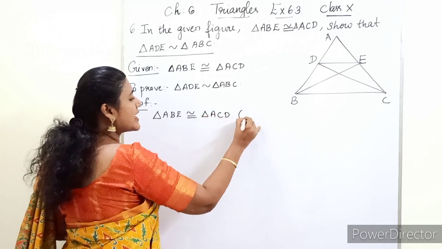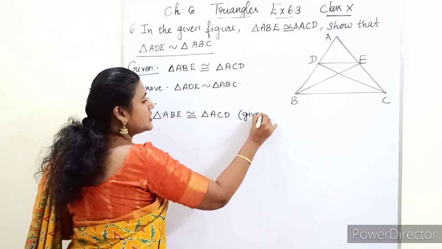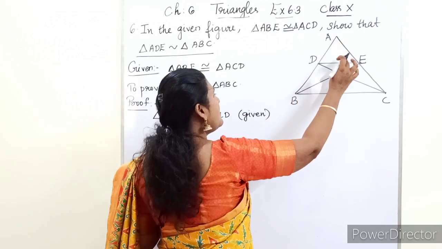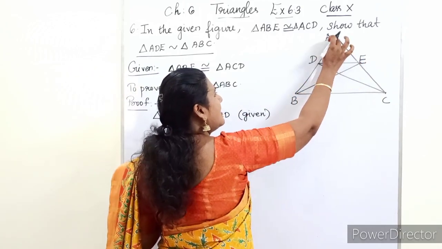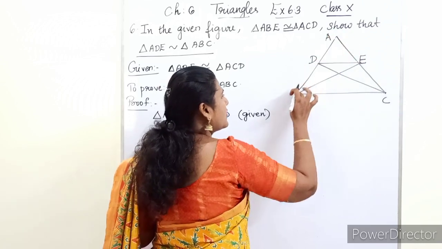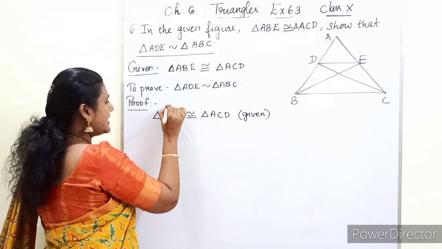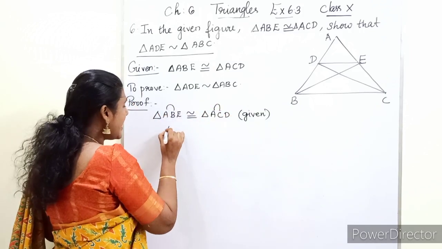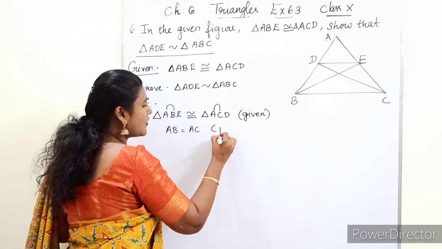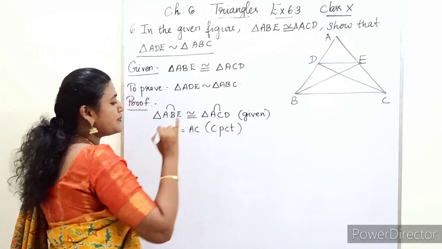So these two triangles are congruent. This condition is given in the question. So if triangles ABE and ACD are congruent, then we can say that AB and AC are equal. Reason is corresponding parts of congruent triangles, CPCT.